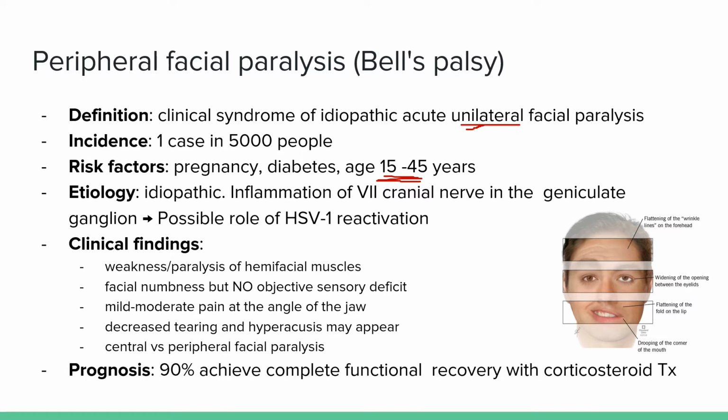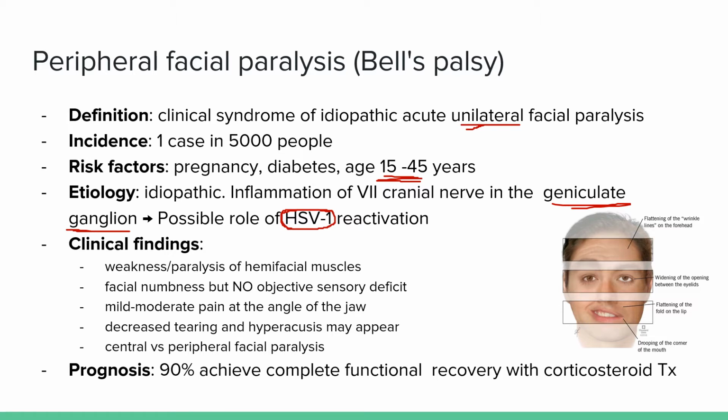The etiology is idiopathic, but there is inflammation of the seventh cranial nerve in the geniculate ganglion, as seen in imaging studies. There is a possible role of herpes simplex virus 1 reactivation.